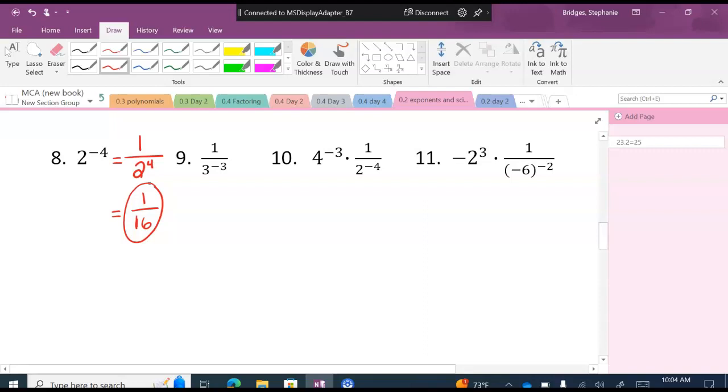We want fractional answers. So if you look on my calculator, if you have a different one, I'll have to come show you. Look at the second button on the second row. It's PRB. Do you notice right above it, it says F to D? That means fraction to decimal. So what you can do is hit your second key, hit that PRB key, and hit equals, and it changes that decimal to a fraction for you.